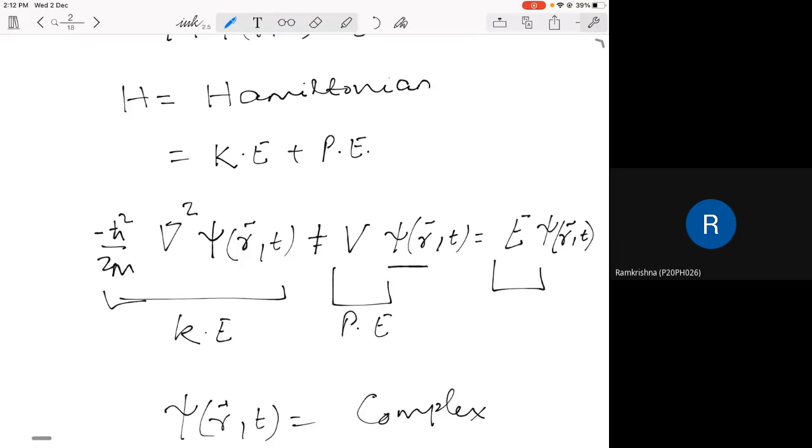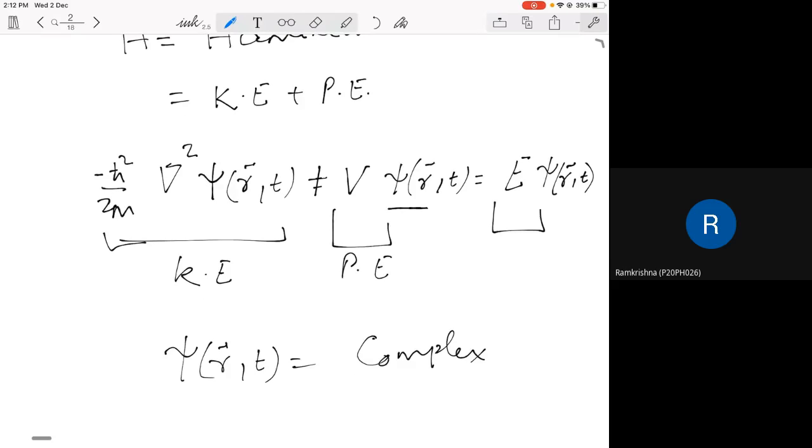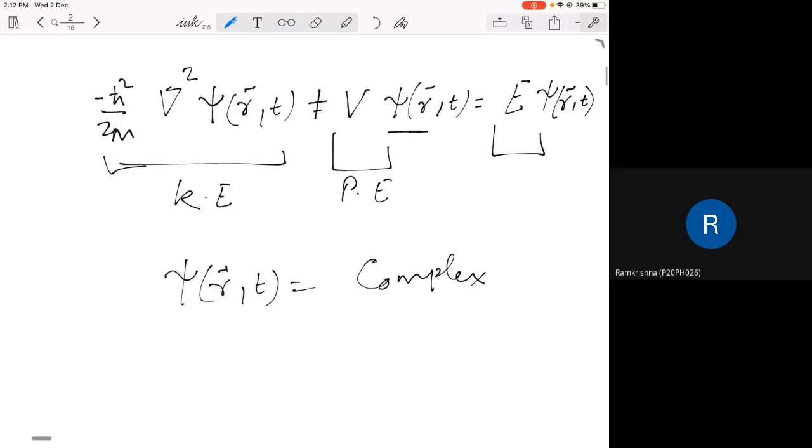Then you solve that, since it is basically a differential equation, and you obtain the different energy eigenstates in which this quantum mechanical particle can stay, or occupy.